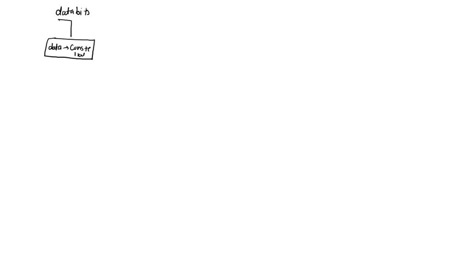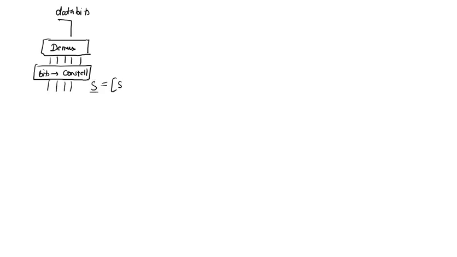Before this we put a demux so that we can collect a few bits, and these bits are fed to the bits to constellation mapper. So you will get a collection of all the complex constellation points which you want to send.